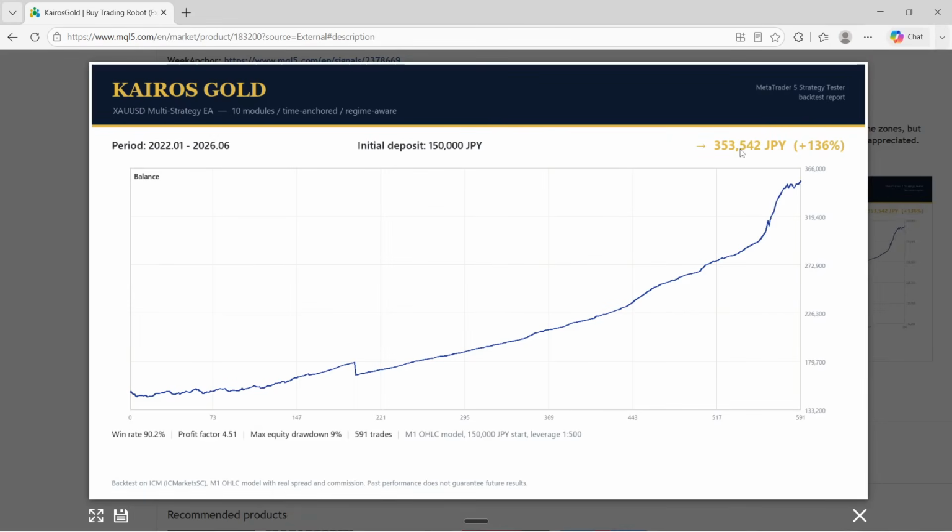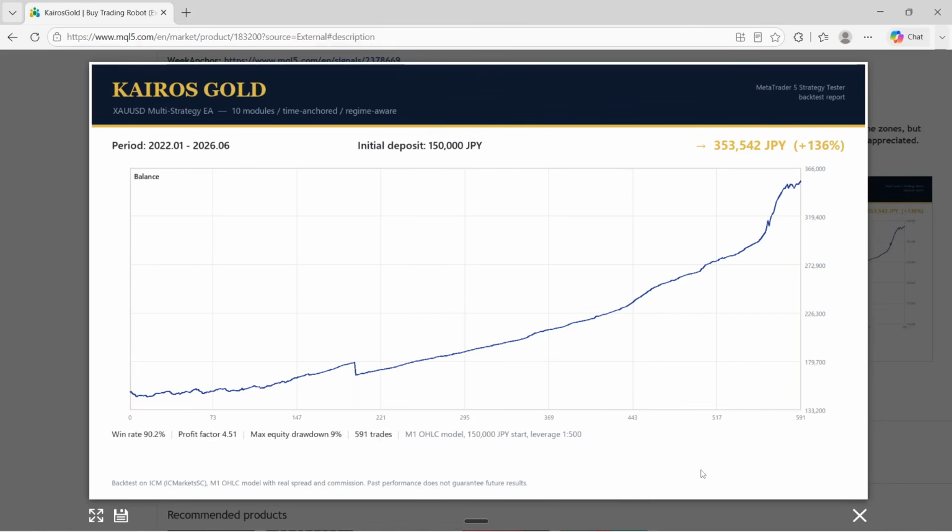There was 136% growth, which landed in 353,542 JPY. There was a win rate of 90.2%, profit factor of 4.51, max equity drawdown of 9%, and the EA took 591 trades.